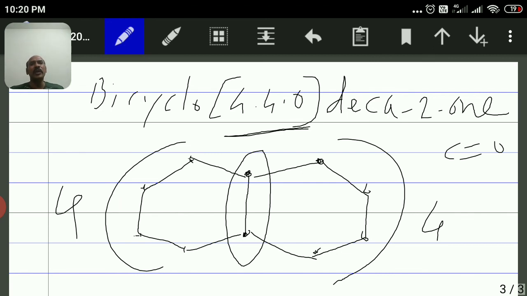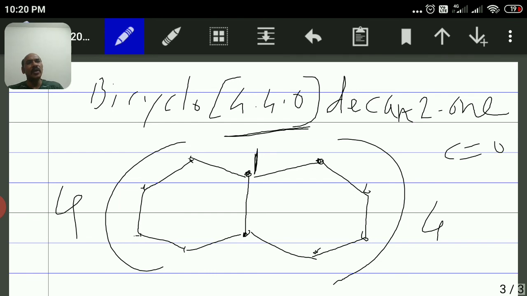So it is a derivative of decane, but as there is a double bond O, it must be decanone. To write that double bond O on a particular carbon, you have to number these carbon atoms, and numbering will commence from a common carbon.